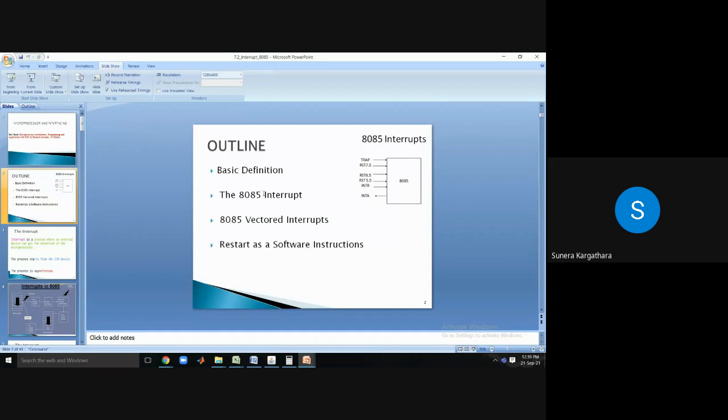But these are not the only interrupts. We have two kinds of interrupts, software interrupts and hardware interrupts. Hardware interrupts are TRAP, RST 7.5, 6.5, 5.5 and INTR. Software interrupts are RST 0, RST 1 up to RST 7, so we have 8 software interrupts.